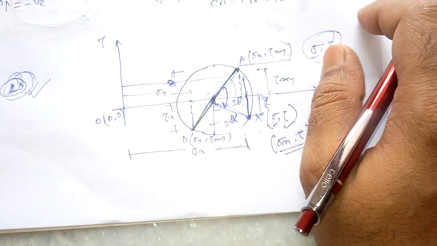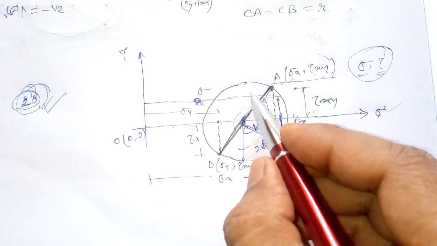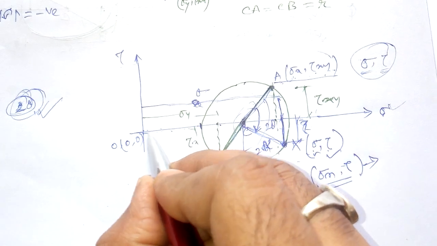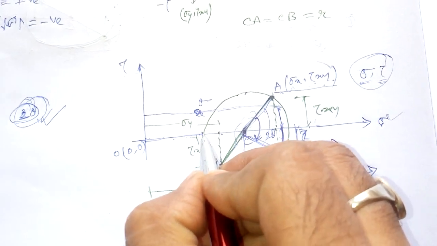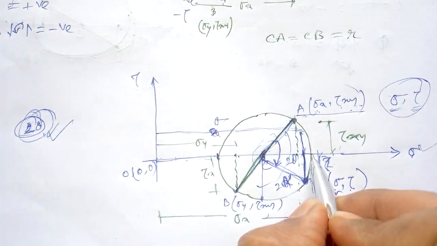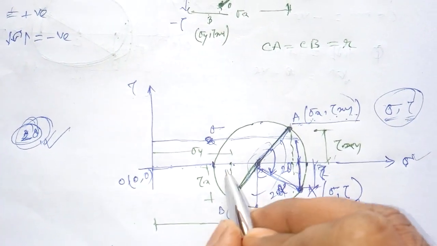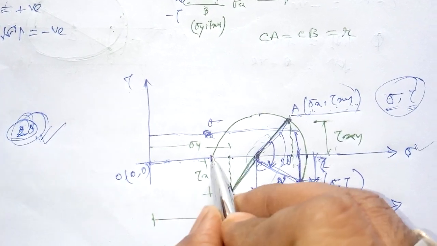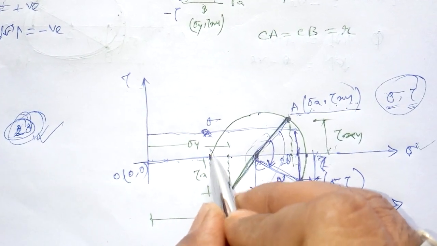Now what are the other things we can find out from this Mohr circle? We get the minimum value of sigma and the maximum value of sigma, right? And you can see at the minimum value of sigma, the tau value is equal to 0, because we are not having any ordinate.